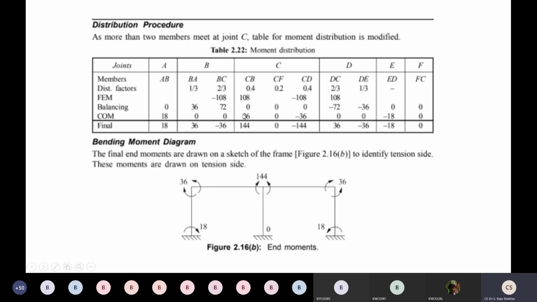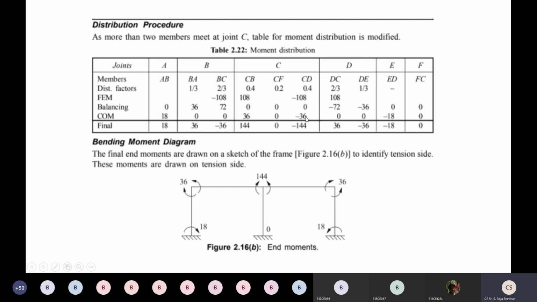Same sign. Okay. Next. Here minus 72 moment is there. Here 0 is there. 0, 0. No need to transfer. For the minus 72 moment, half of the moment we need to transfer to the near joint. Here the near joints are C and E. So we have to transfer half of the moment to the joint C, that is minus 72 by 2.